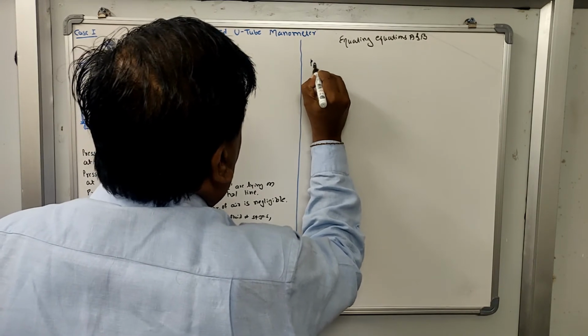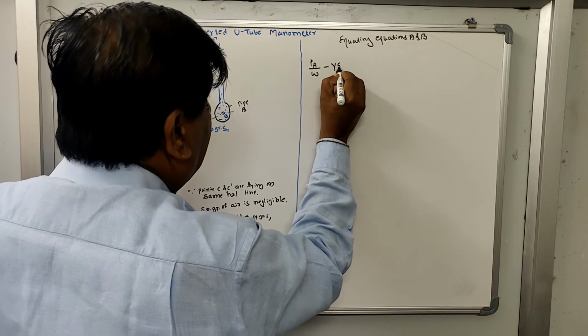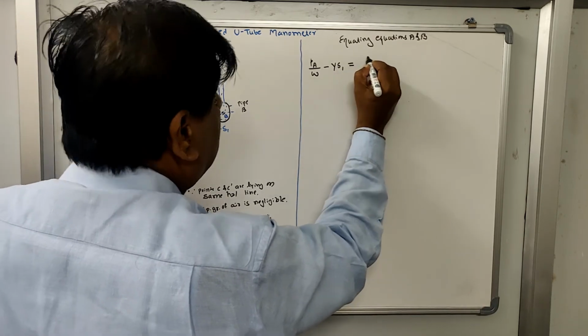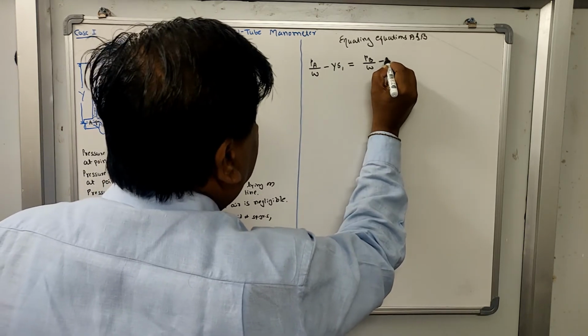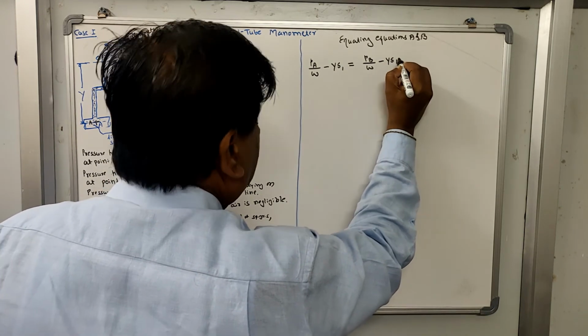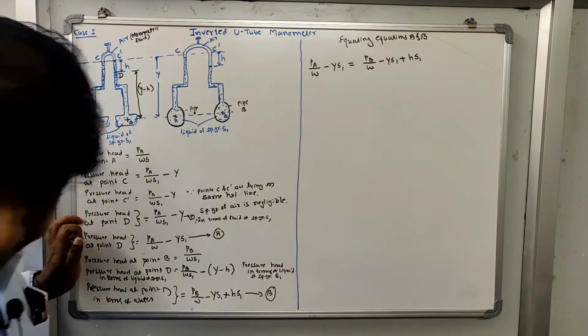Equating equations A and B, so that is PA by W minus YS1 is equal to PB by W minus YS1 plus HS1.